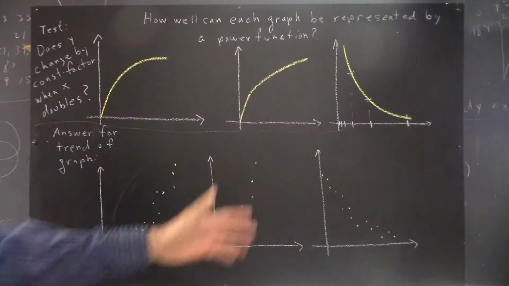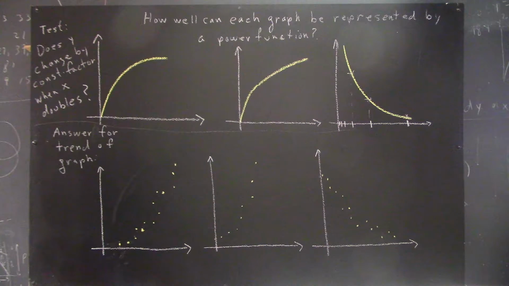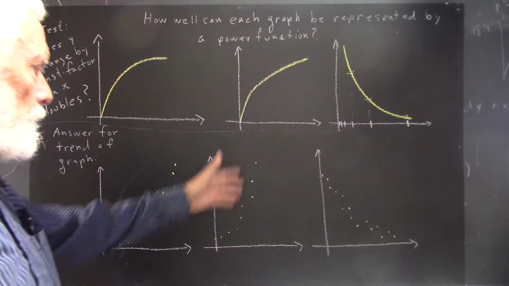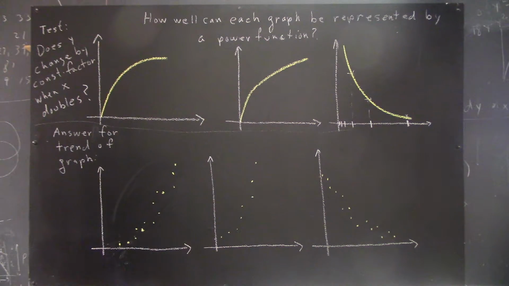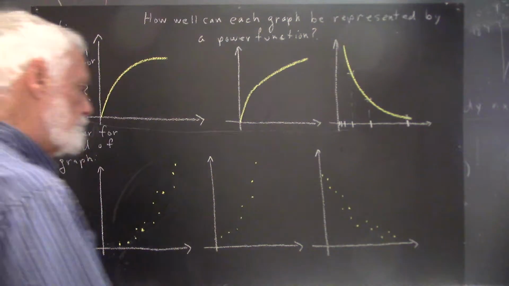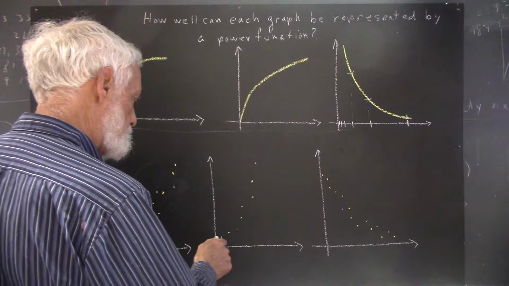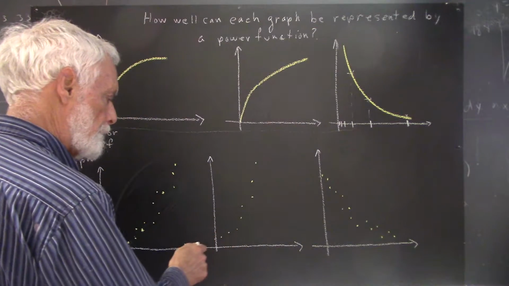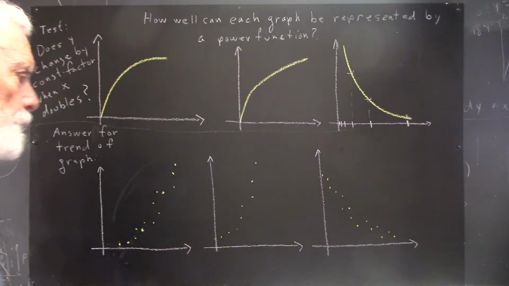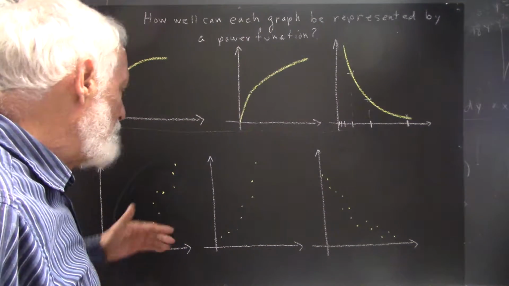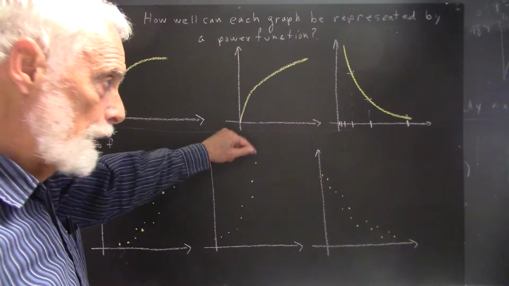Okay, now with these graphs, what do we get? Okay, well, let's just take this graph and let's sketch a curve that seems to match the trend line. This curve seems to follow a trend something like this. Now, when I do the trend line, I'm not attempting to go through any of the data points.